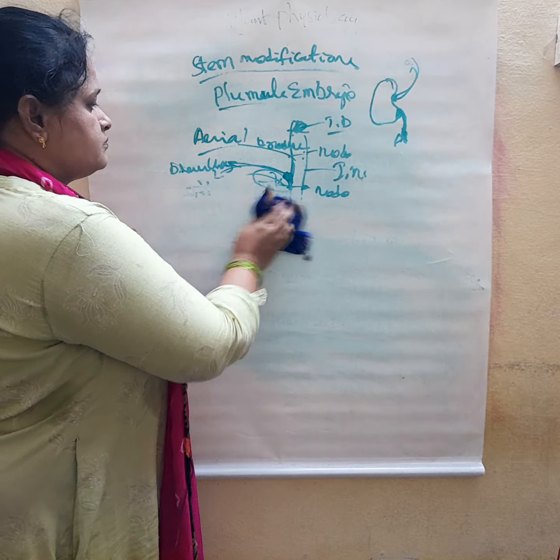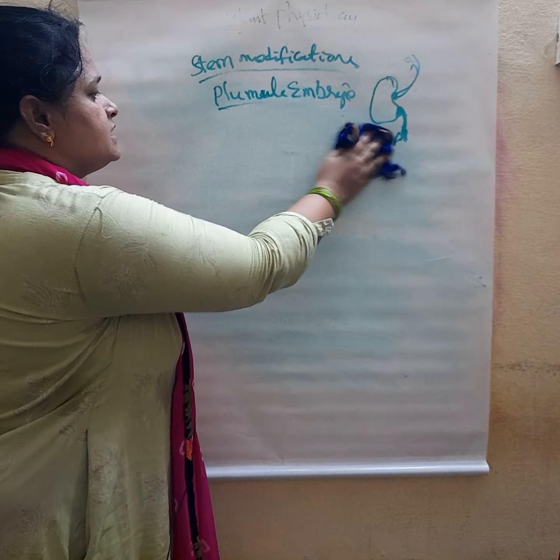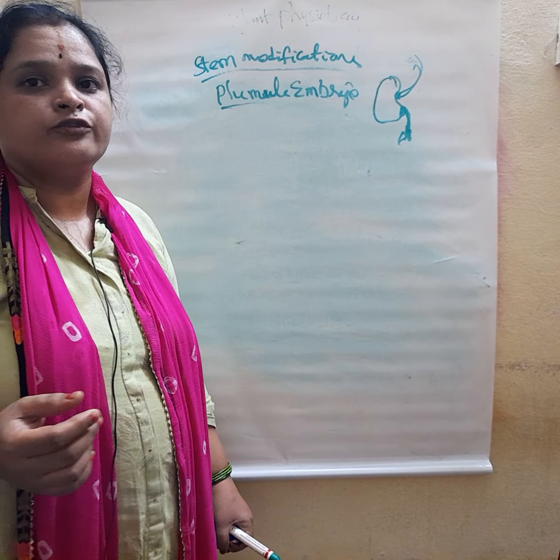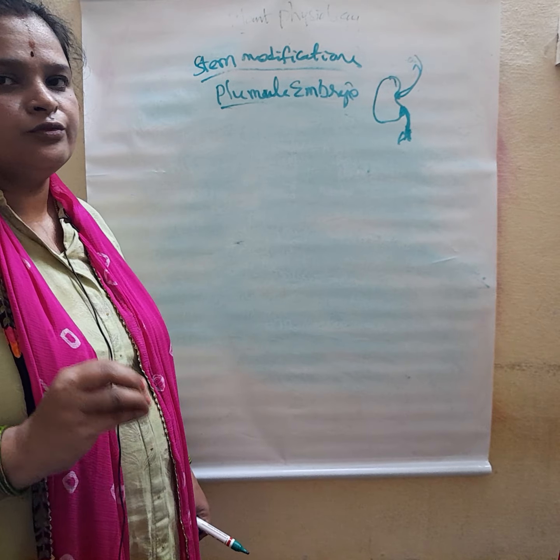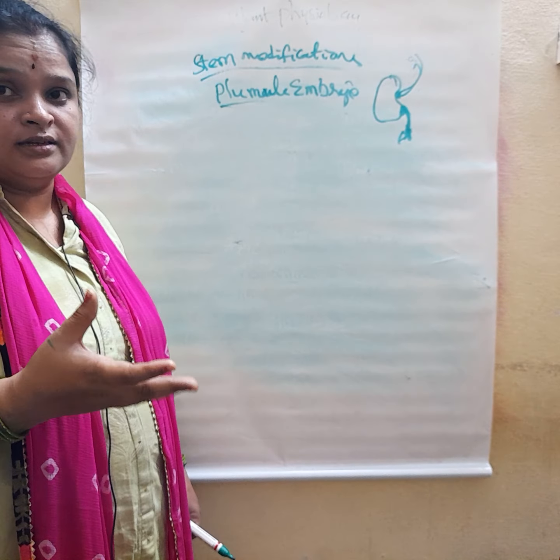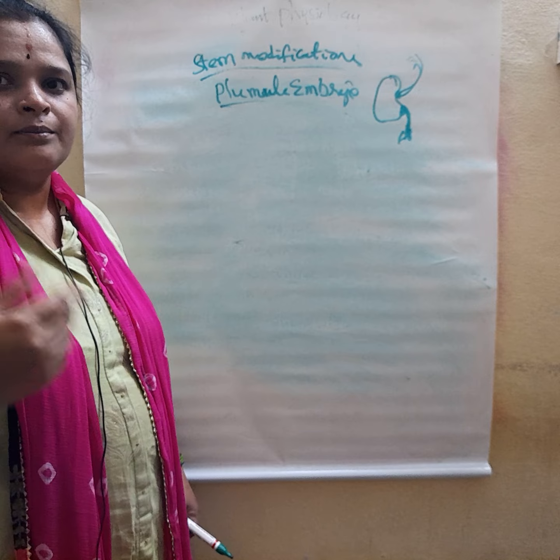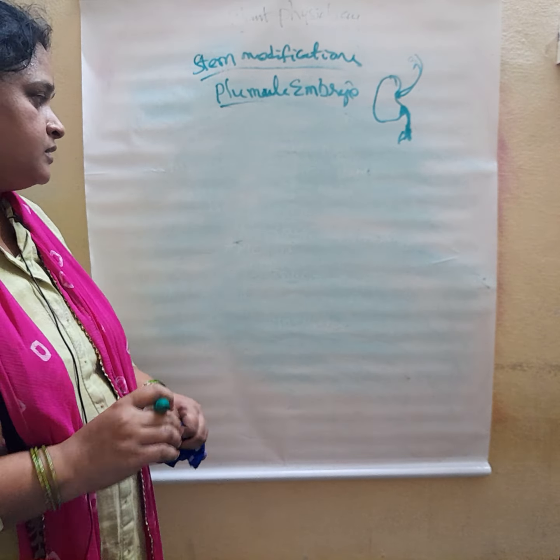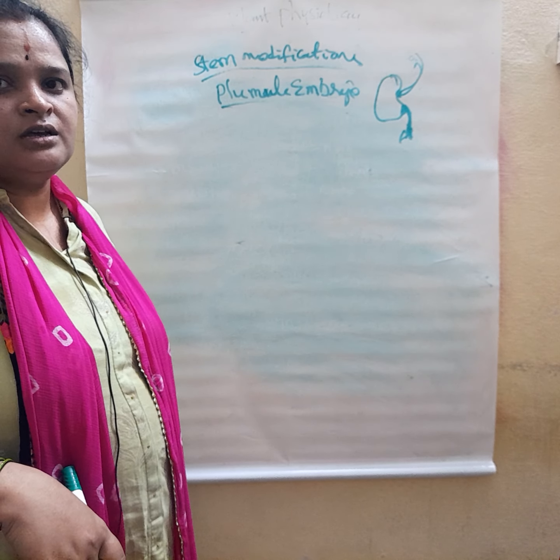Right. So what is the function of the stem? The stem usually helps in transport of food materials, giving aerial strength to the plant body, and developing branches. That is the main function of the stem.